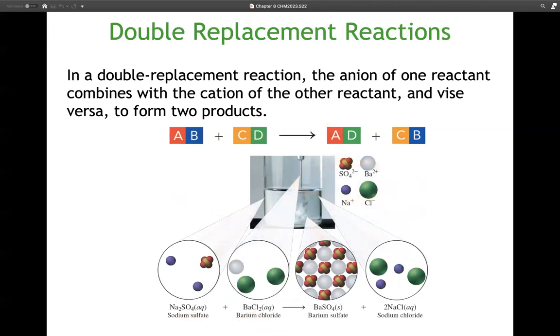Well, what about in double replacement or double displacement reactions? Then we think of it as the anion of one compound reacting with the cation of the other compound.